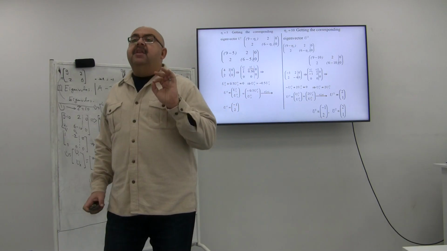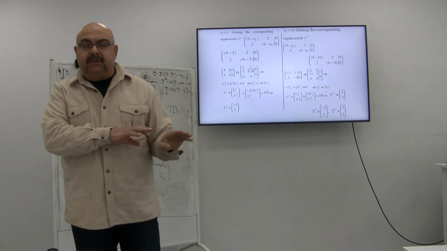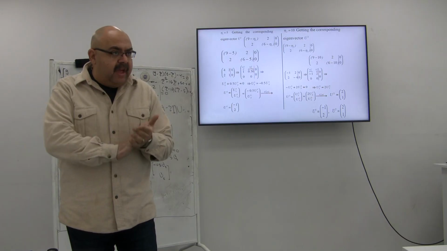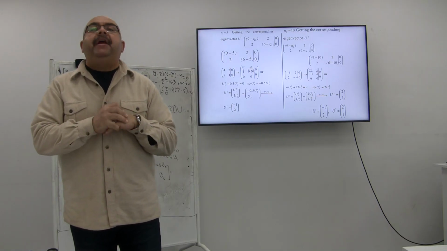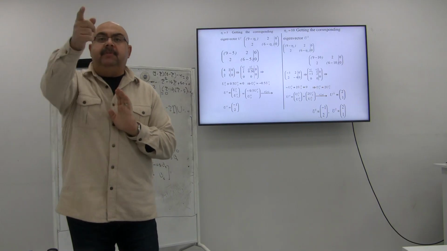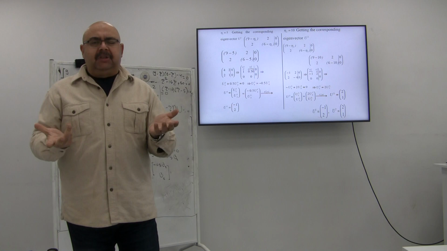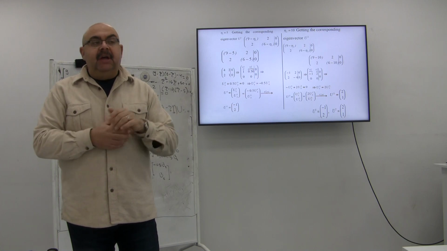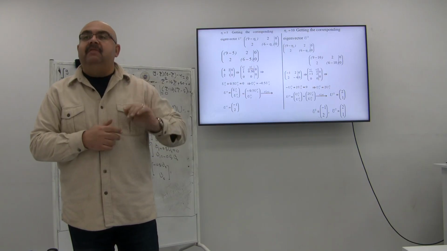There is a number of remarks which is really very important. I will put them now. I need to define what's called an algebraic multiplicity. What's the algebraic multiplicity? It is the number of repetition of eigenvalues.